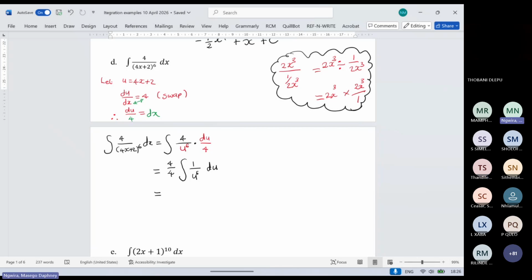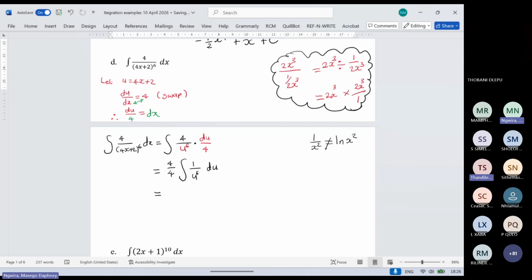Remember, ln x is when you have 1 over x. If it has an exponent like this, we can't say it's ln x. 1 over x squared is not ln x, it cannot be equal to ln x squared.